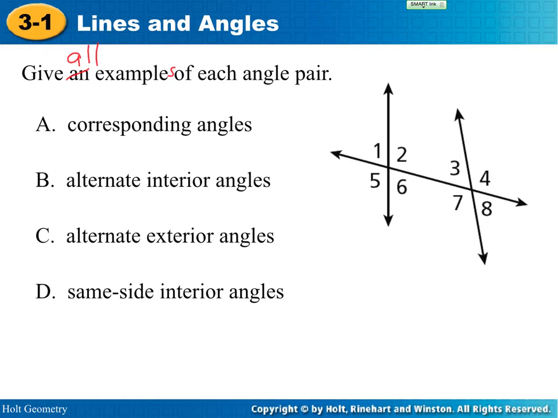No, they would be actually 4. 4 would be corresponding.